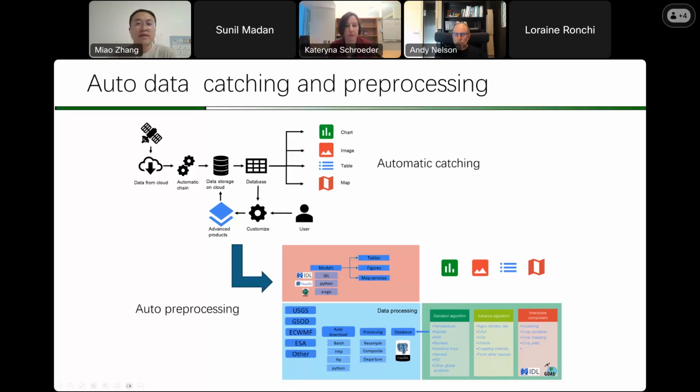And by the standard package of algorithms, those remote sensing data can be converted to crop-related information in different formats, like using chat format, by providing images or tables or maps, interactive maps, so that even users with no remote sensing background can access the information. And we try to provide this information as a kind of decision-ready product. So this is our philosophy to provide the information.